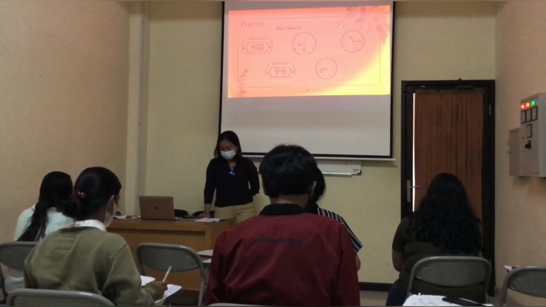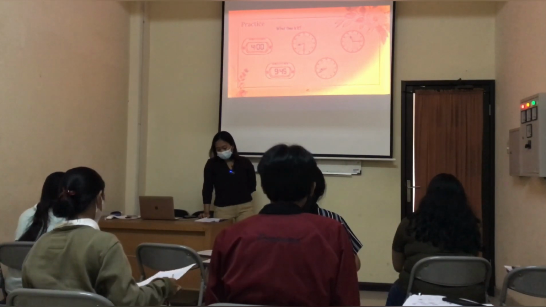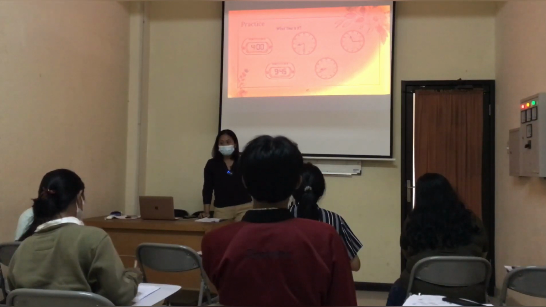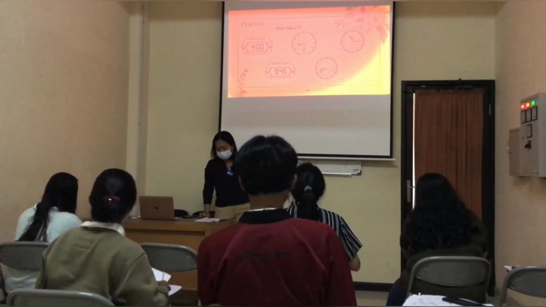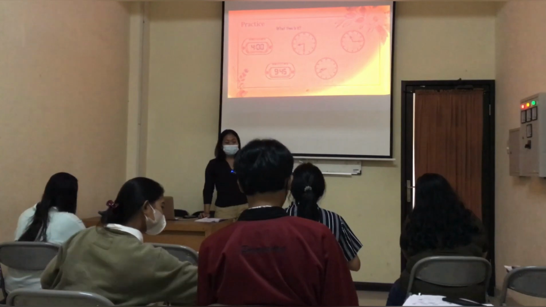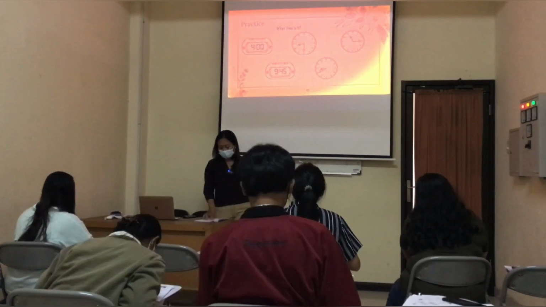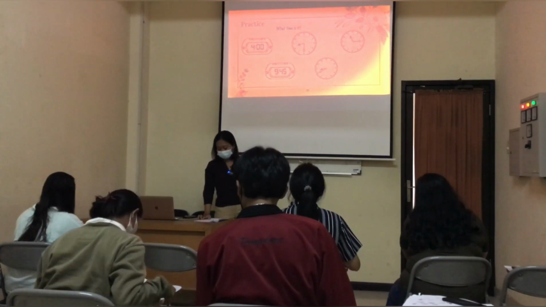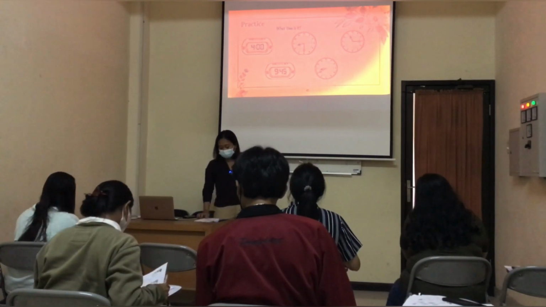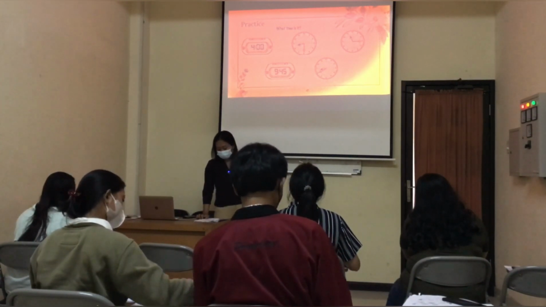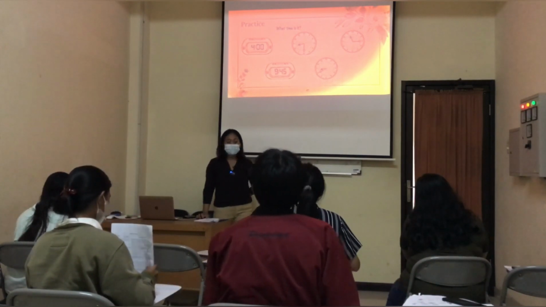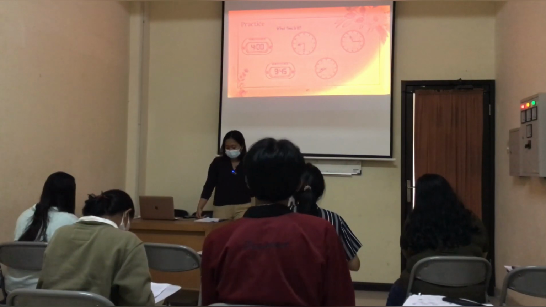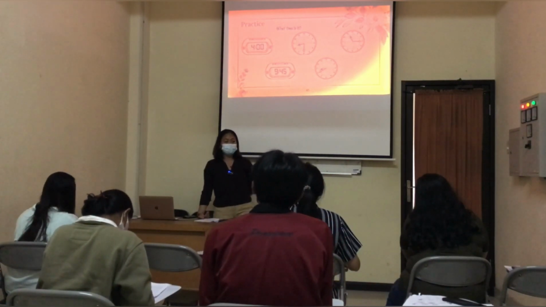For example, for jam 6 lebih 45 menit, in American style we just say it is 6:45, while British style has its own rules to explain the relationship between minutes and hour.